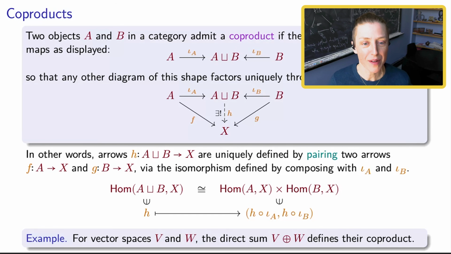Similarly for W. So that defines the maps iota sub V, iota sub W. And this construction has the special property that linear maps out of the direct sum and into an arbitrary vector space X decompose uniquely into two pieces, linear maps from V to X and linear maps from W to X. So that's an example of the coproduct. But many different categories have coproducts. That's the point of having this general notion.